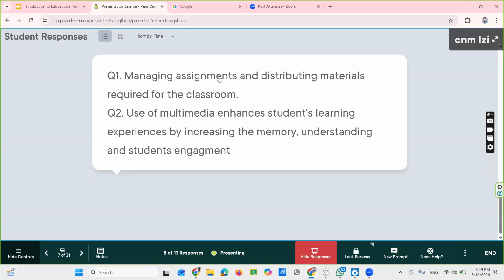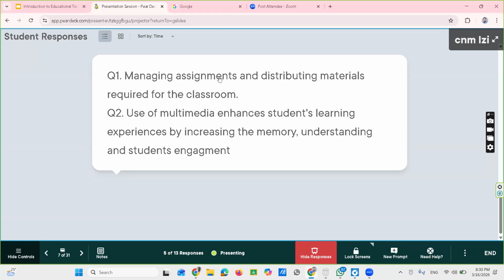For that purpose you do some kind of assignment with your students. Managing assignments is a teacher task, not the administrator's. The principal does not come into your classroom and assess your students. Therefore, remember managing assignments is the task of the teacher, not the administrator. But distributing material required for the classroom is an administrative task.